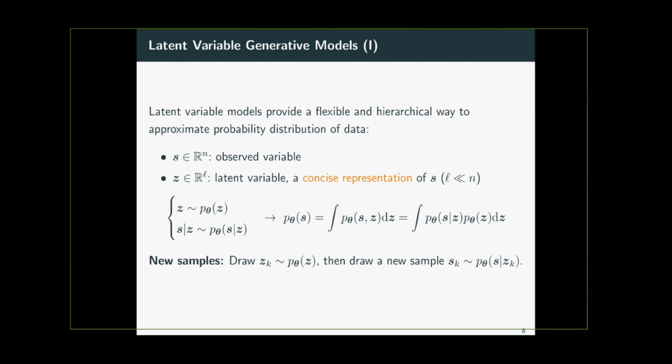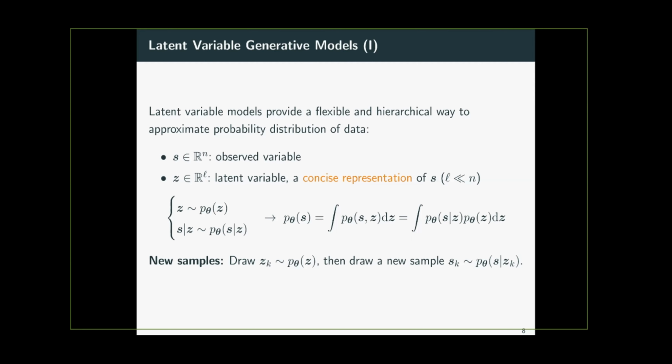Okay. So this means that I will have a so-called prior distribution on Z, and then I will also have a posterior distribution of S given Z. And then all the difficulty is how to obtain P theta of S, which of course can be written as the marginalization of the joint probability.